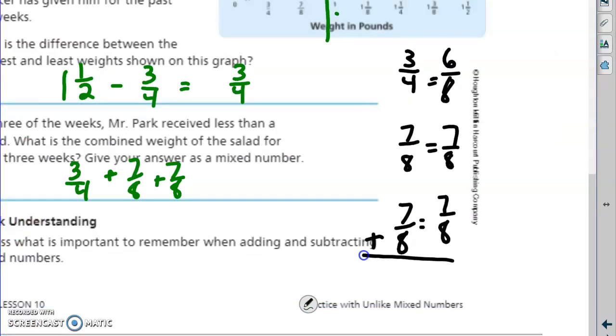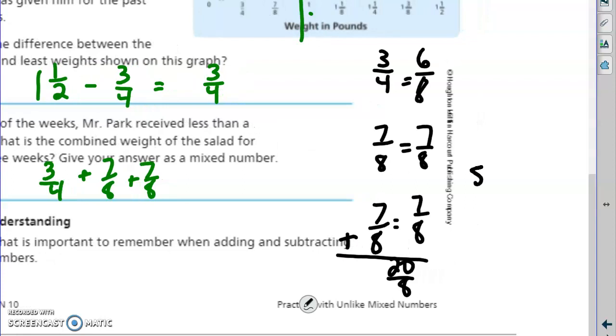I'm hoping that you chose 8 as your common denominator because who would want to do 8 times 8 times 4? That would be a huge number to work with. If you did this, you would end up with 28/8, which is, again, an improper fraction. So what you'd want to do is simplify that. So you're going to go 8 into 20.